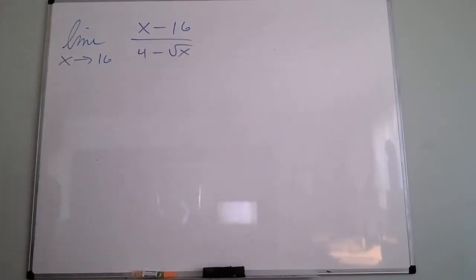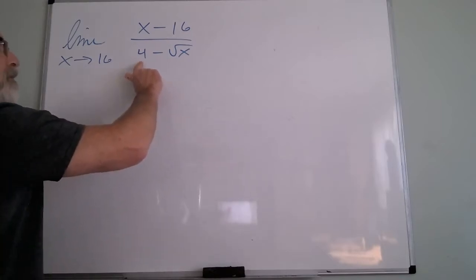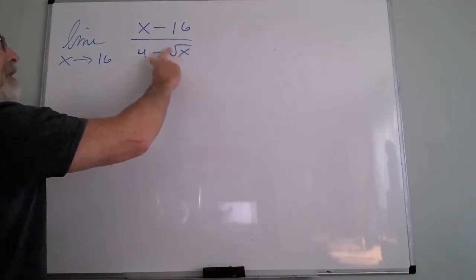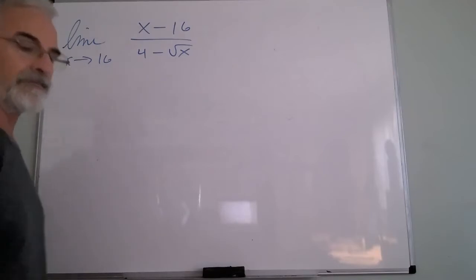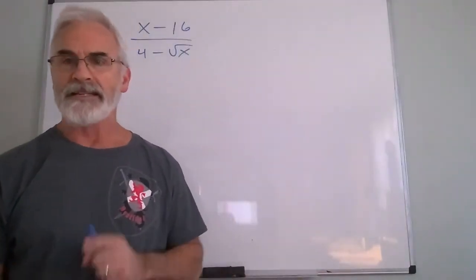Just keep it really simple. Now, there's nothing about this statement that looks terribly complicated. And you go, yeah, okay, I got this one. So let me just go ahead and evaluate this at 16, except my denominator would be approaching 0. My numerator is approaching 0. Oh, okay, it's an indeterminate form. Okay, great. It's 0/0 form.